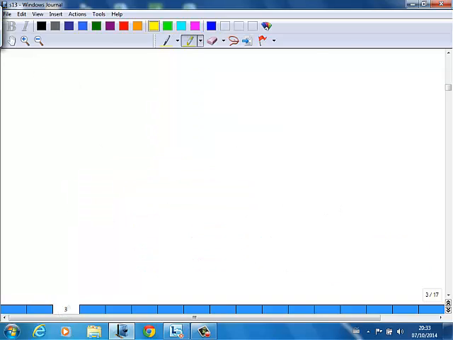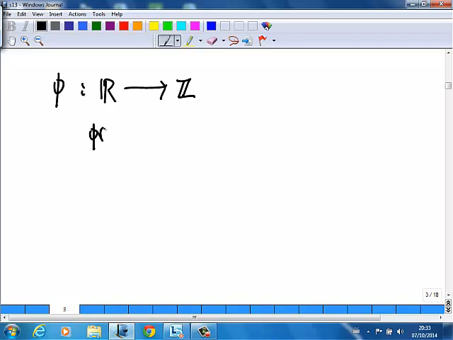We start with something that is not one. Let's consider a mapping from the set of real numbers to Z, where the image of X is equal to this. What is this here?